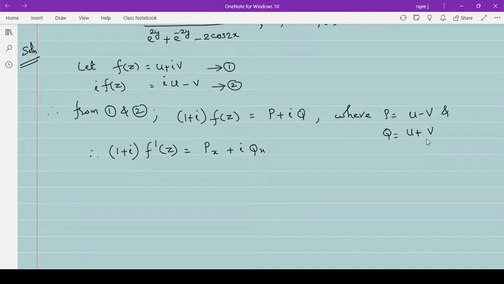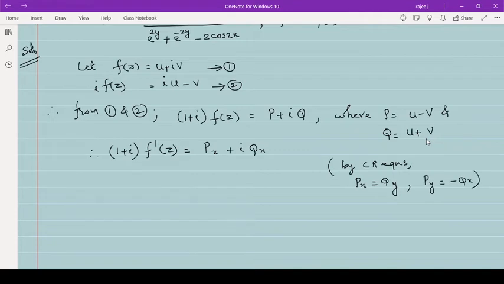Now by CR equations what can you write? By CR equations you can write px = qy, because we already know since f(z) is analytic, u and v are also analytic, so we can write ux = vy and uy = −vx, and p and q are functions of u and v. So p and q also satisfy the CR equations: px = qy and py = −qx.